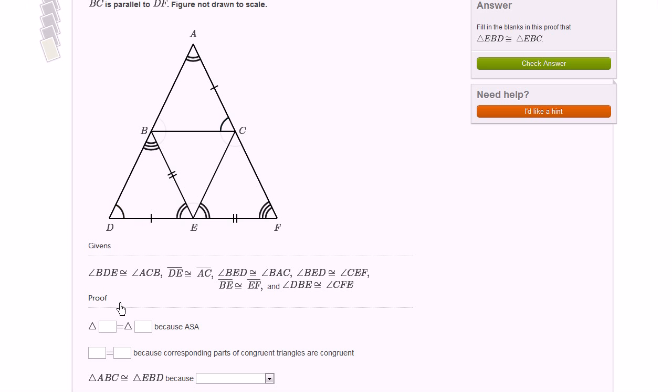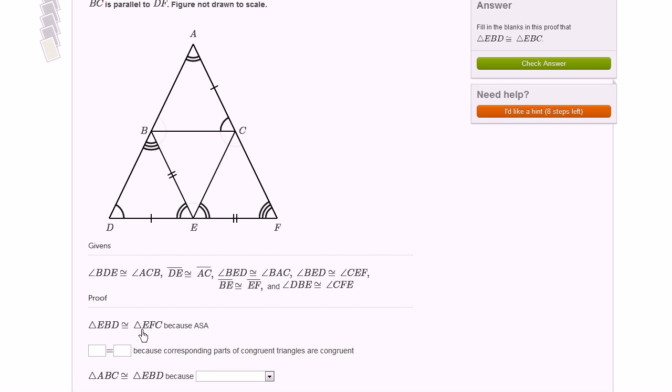So we can say that EBD, the double arc, double side, triple side, is going to be congruent to double arc, double slashes, triple side. So EFC because of ASA. EFC. There you go. And it filled it in, which is a good indication that we did it right.